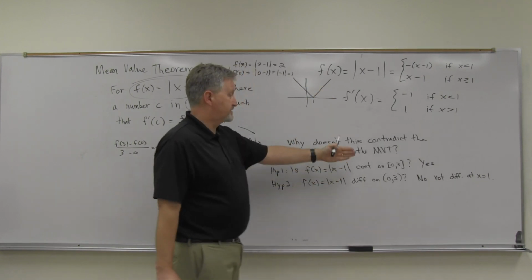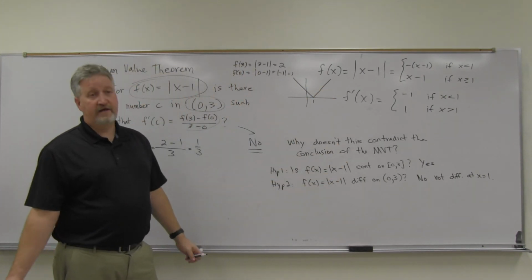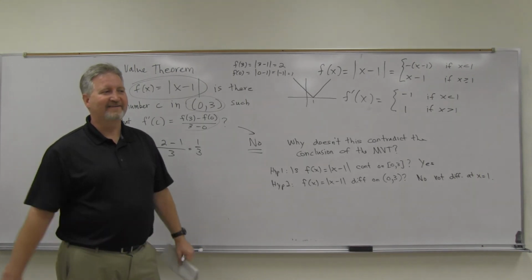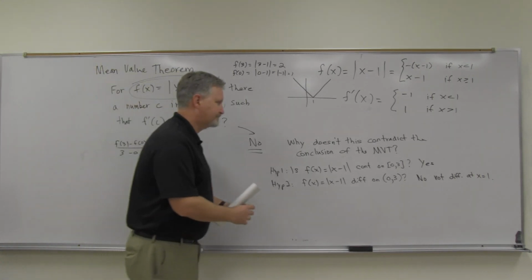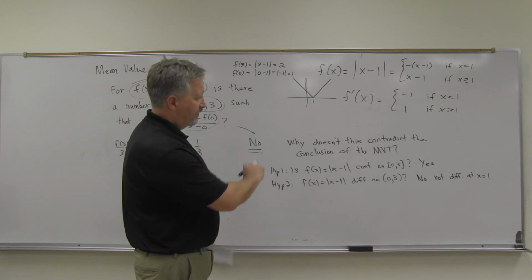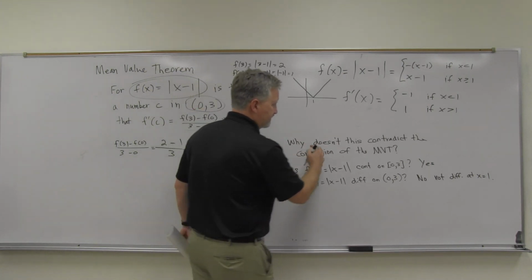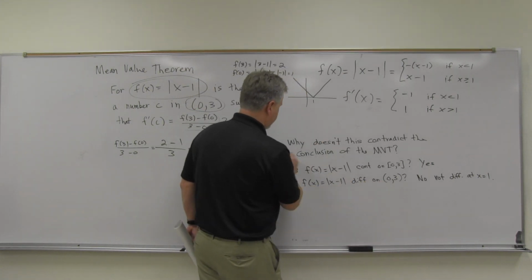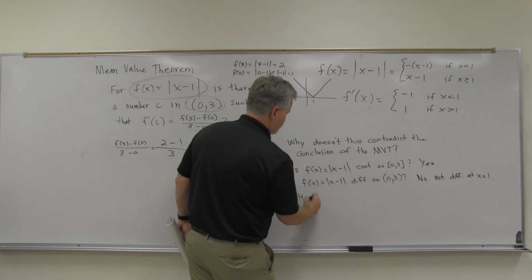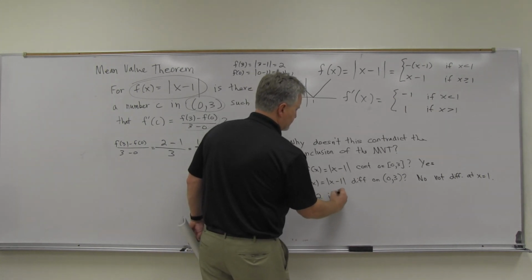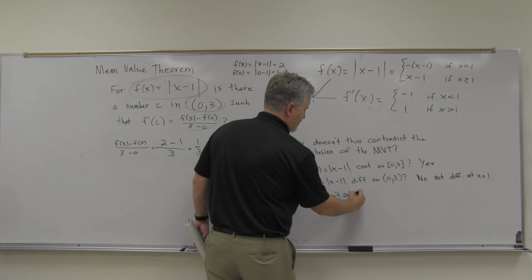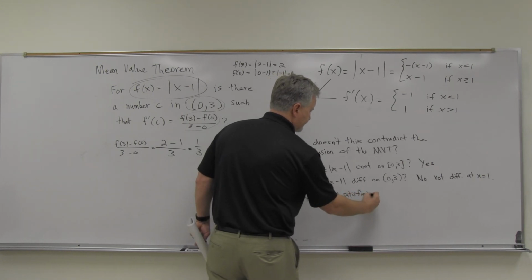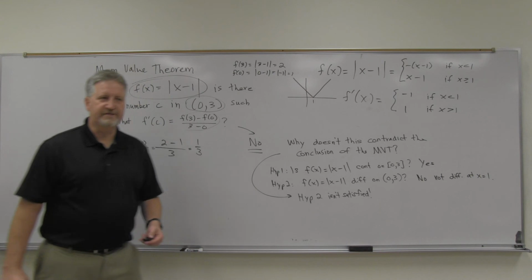So as long as you didn't pick 0 to 3, the interval that had 1 in it, you'd be okay. All right? So why doesn't this contradict? You just say, well, hypothesis 2 isn't satisfied, so all bets are off on the conclusion there. Any questions? That look okay?